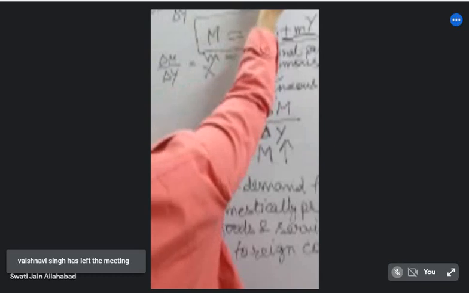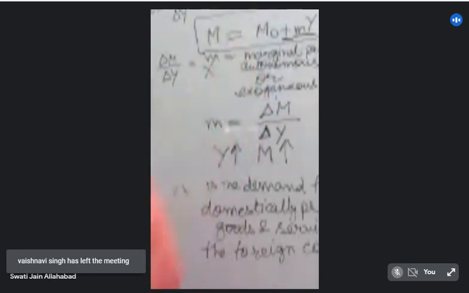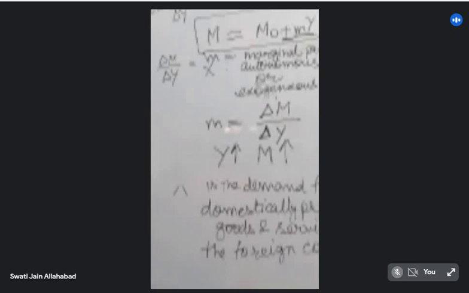You remember that C is equal to C0 plus Cy. Here again you have a positive sign. It means that consumption and income are positively related. Similarly, imports and income are positively related, and this is the import function. M is equal to M0 plus My is the import function.